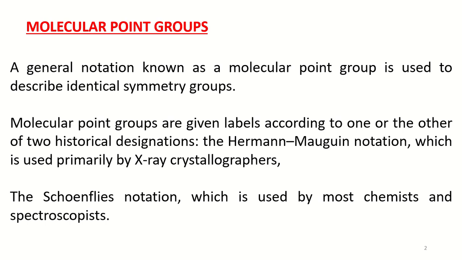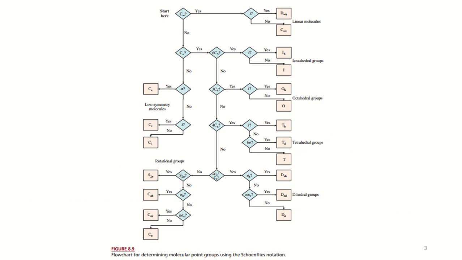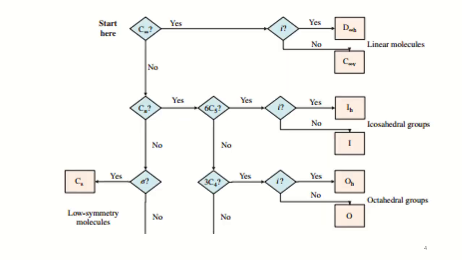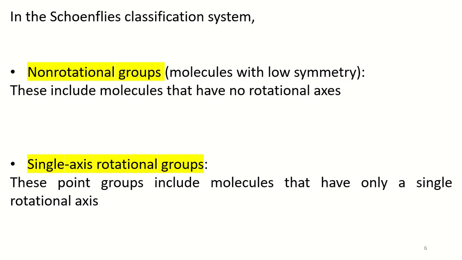In the last lectures we discussed some of the important points about the molecular point group, and we also discussed a chart diagram for the determination of molecular point groups. We also discussed the Schoenflies classification system to find out the different point groups of molecules.